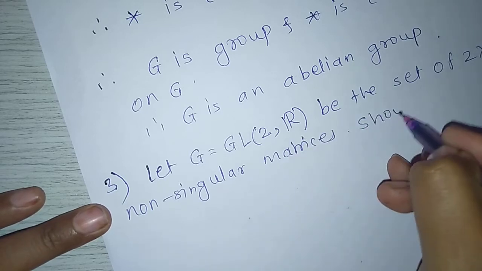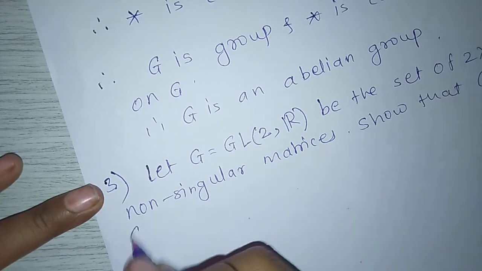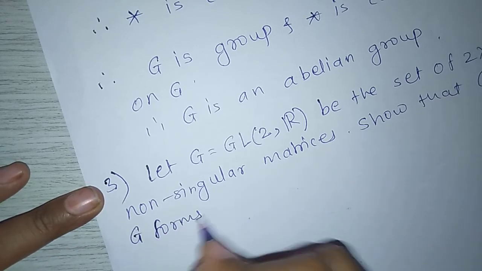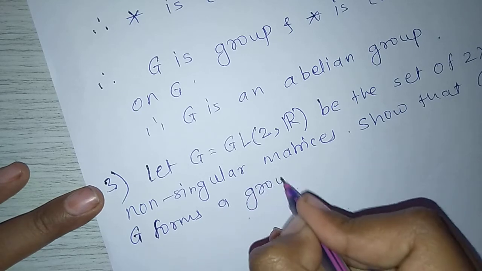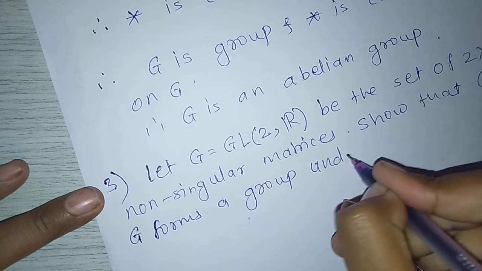Show that G forms a group under multiplication of matrices.